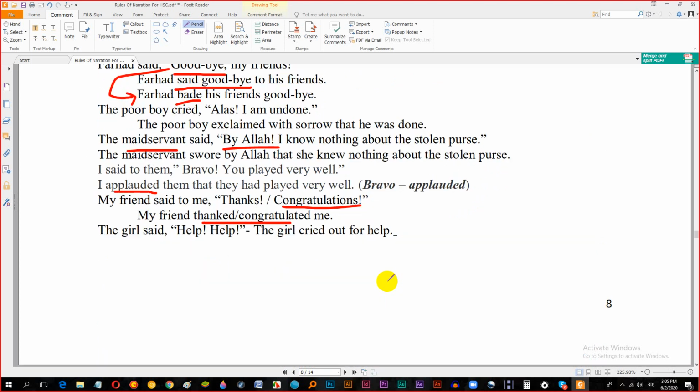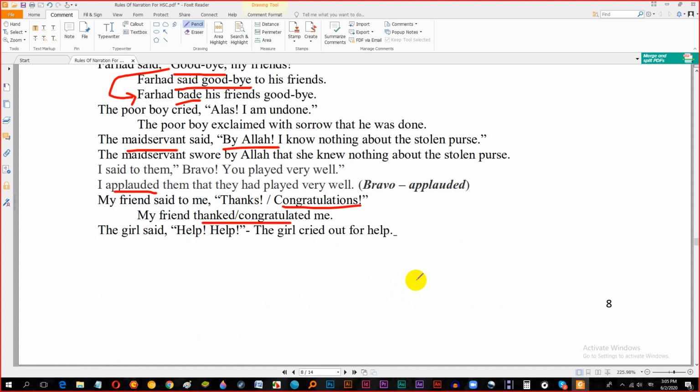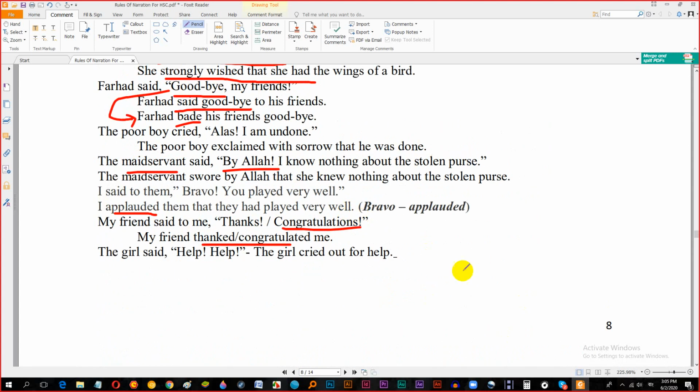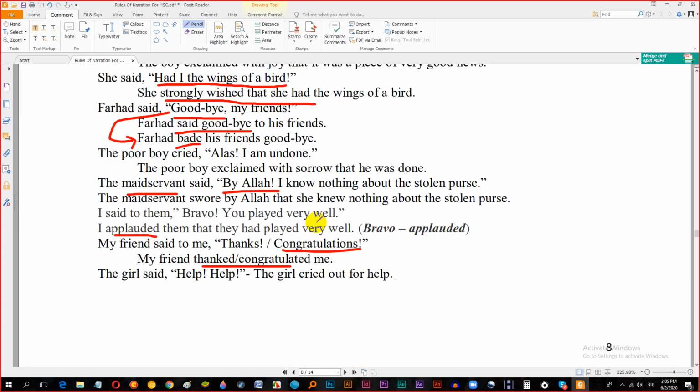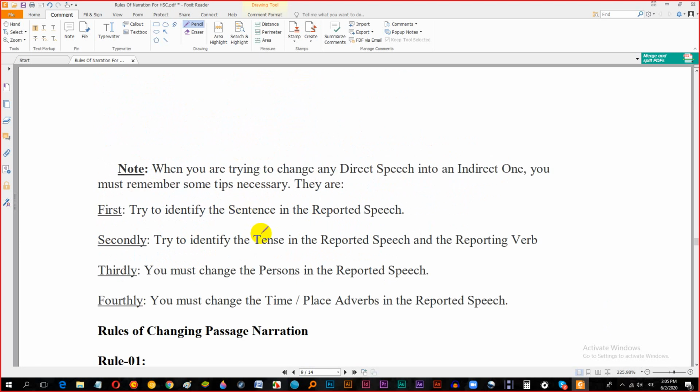You will attend a test of 25 marks on Thursday at 2 p.m. Page 1 to 8, all rules with examples you will see, so that if I make questions, even if I give some twist, you can answer. Are you getting the point? Be ready for the test in our next class.